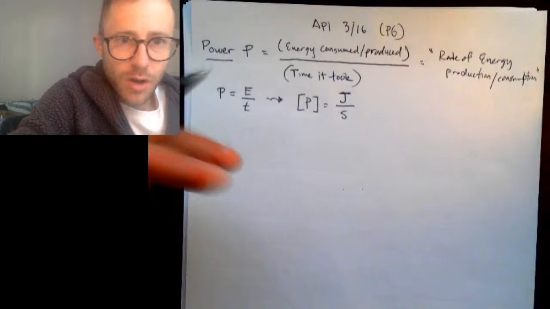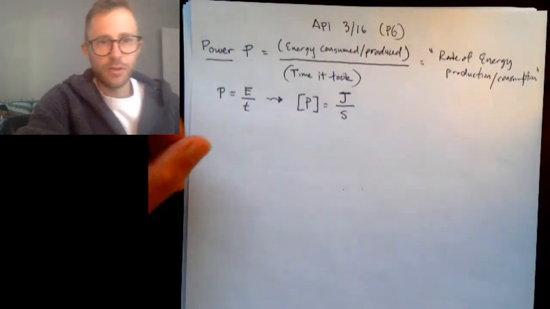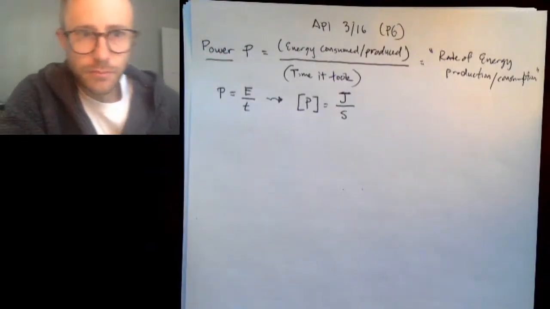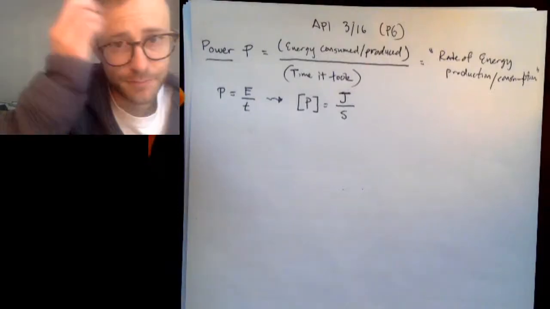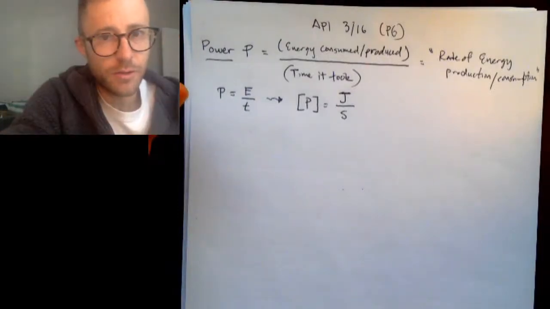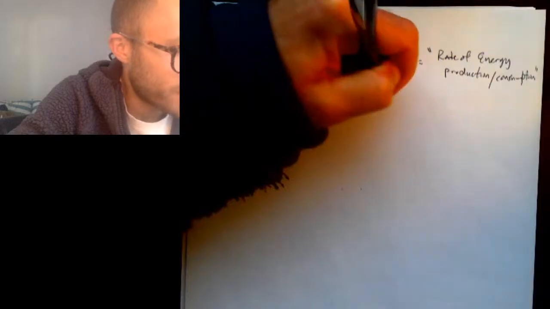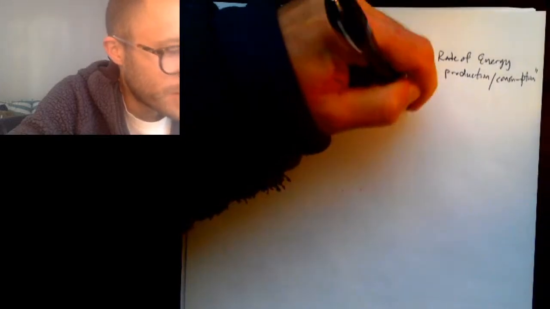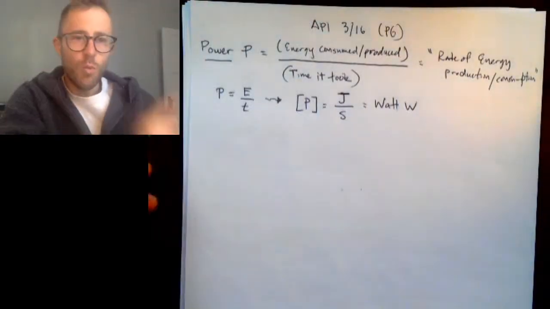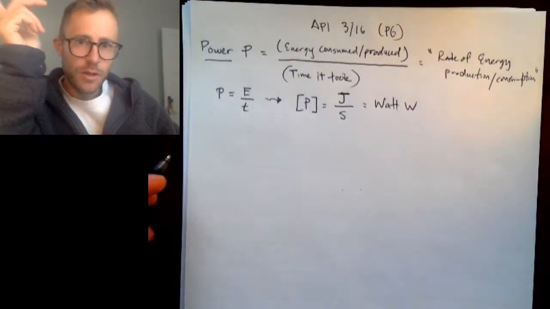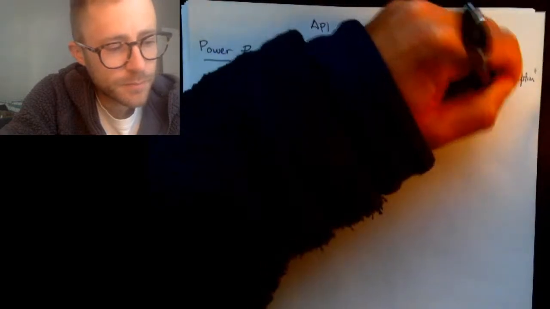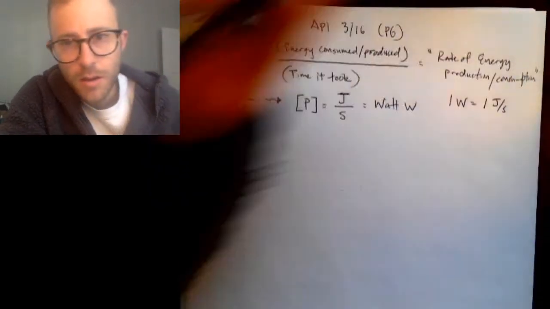It's pretty rare that you see joules per second. What you're more likely to see is the watt, W. So 1 watt is equal to 1 joule per second of energy use.